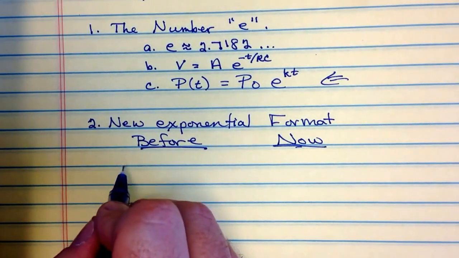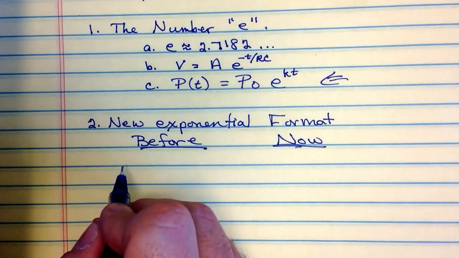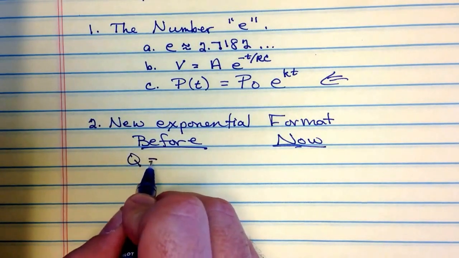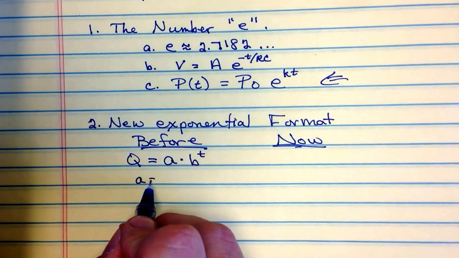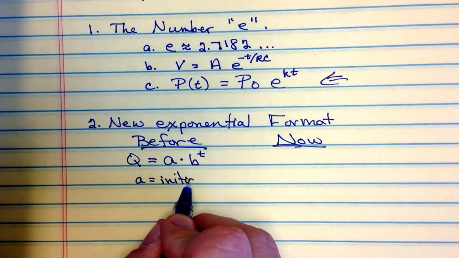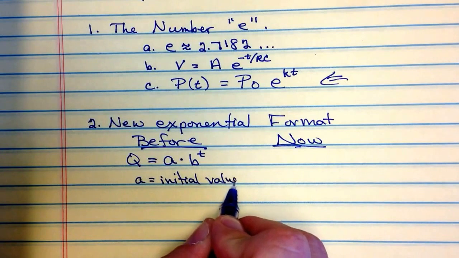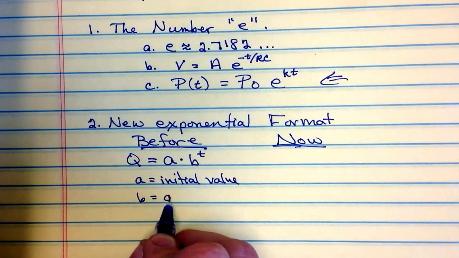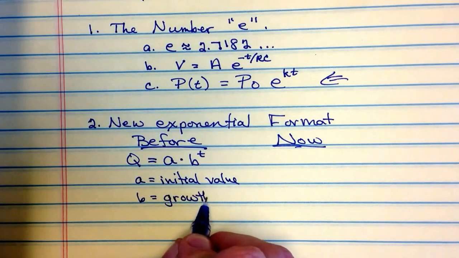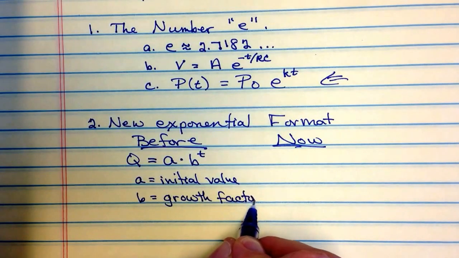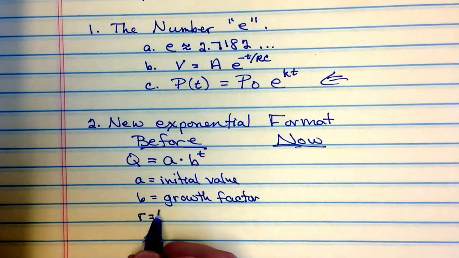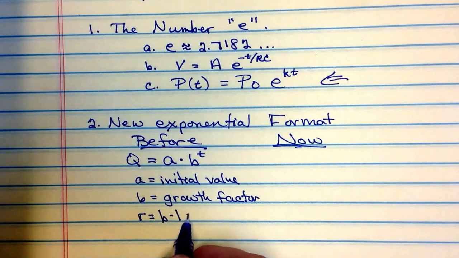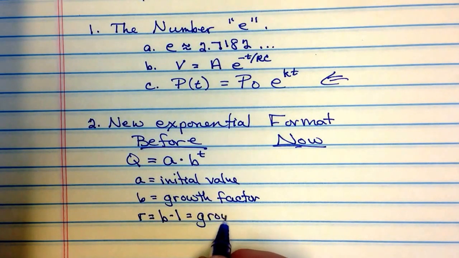So before we had the equation Q equals A times B to the T, where A was the initial value and B was the growth factor. And we had R, which was equal to B minus 1, was the growth rate.